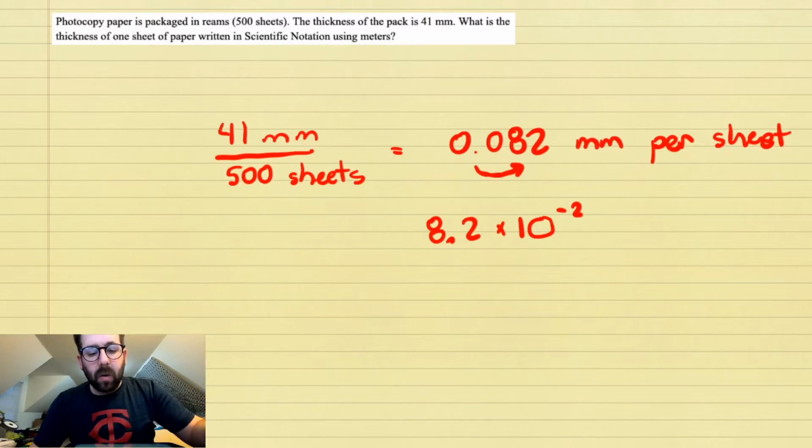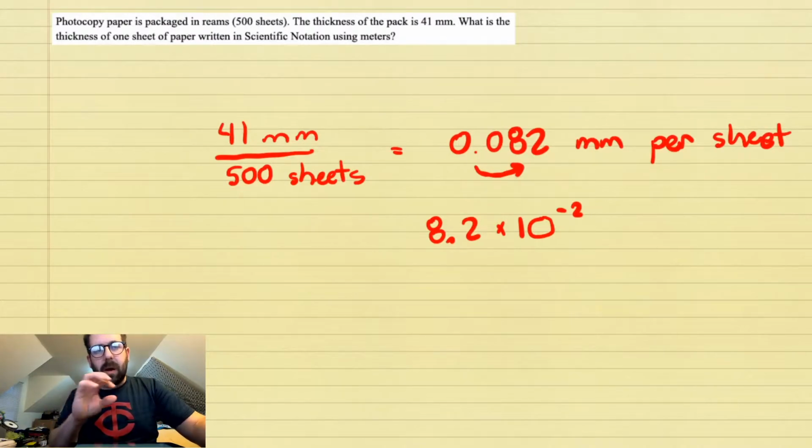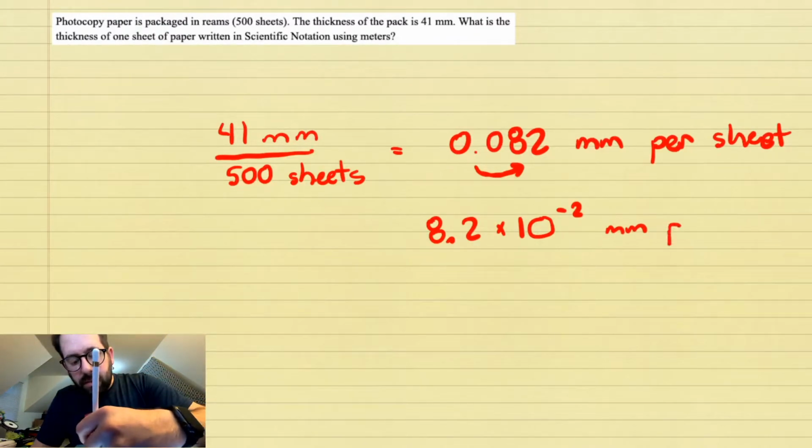Why that's a negative power is because the number that we started with originally was less than 1. It was 0.0, right? So it's less than 1. So the power is negative, because basically the negative power means you're moving the decimal to the right versus to the left.